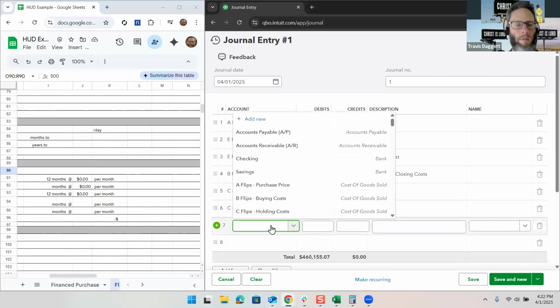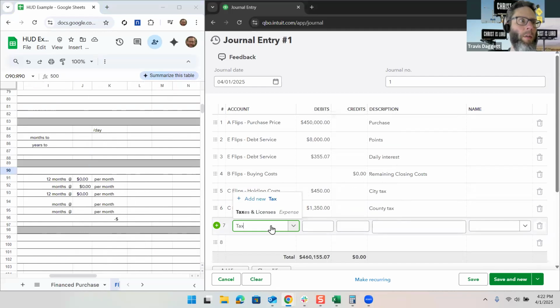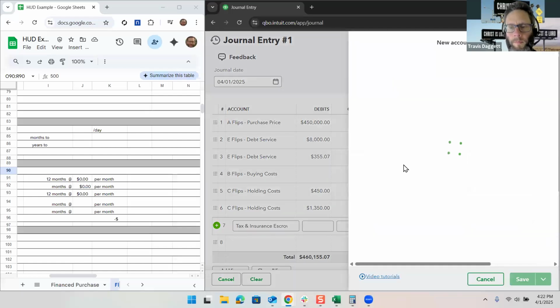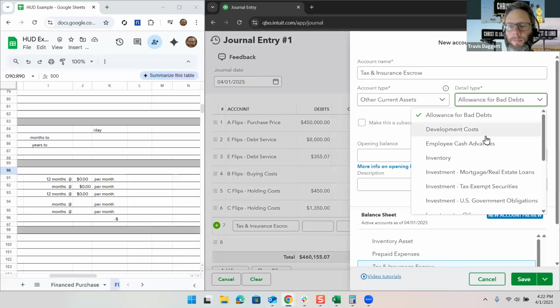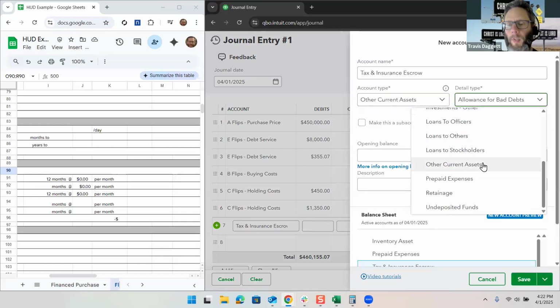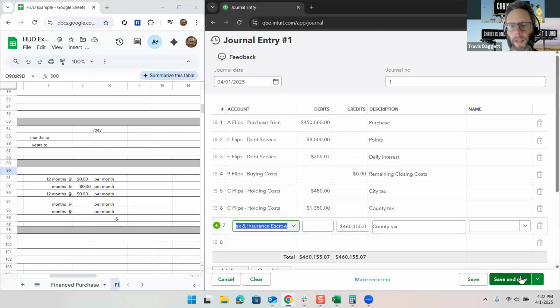So tax. Insurance escrow. This is an asset, essentially. We're prepaying it, not really, but we're sending it to the escrow company.